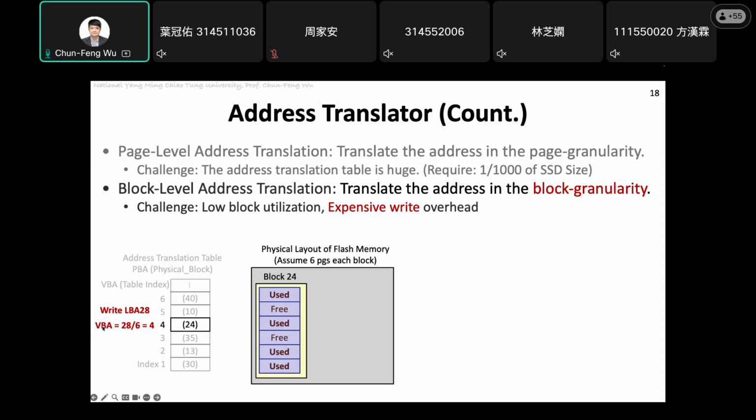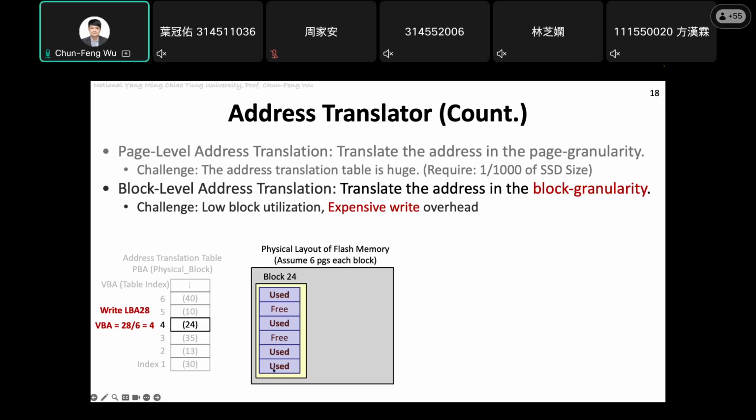So LBA 20 will be mapped to block 4, the VBA 4. This is the virtual block address, and it can be mapped to a physical block address. If the physical block address is 24, then the data is probably stored in block 24.